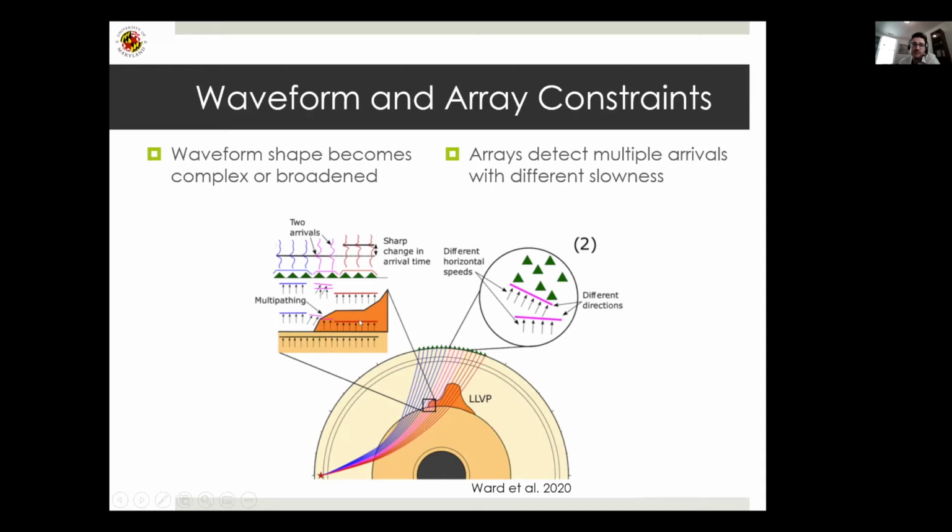And these arrivals can either be analyzed in the waveforms themselves, where you look at the complex or broadened shape of these phases, or you can use array methods to detect multiple arrivals coming in with different slownesses, or rather with different angles.